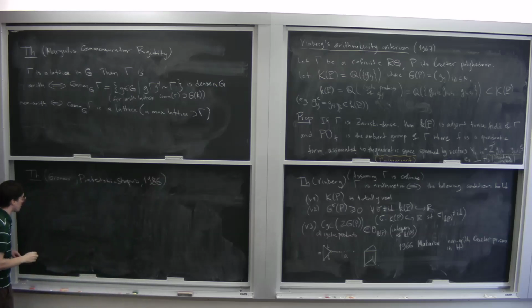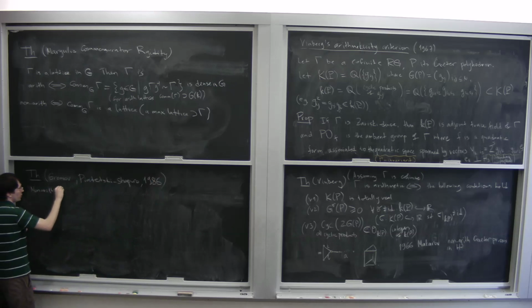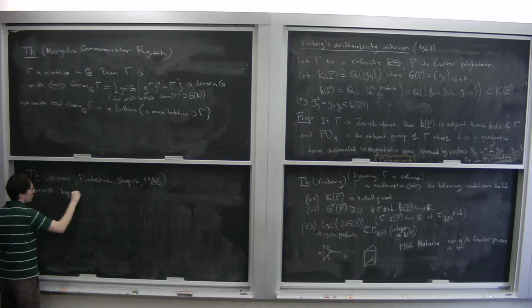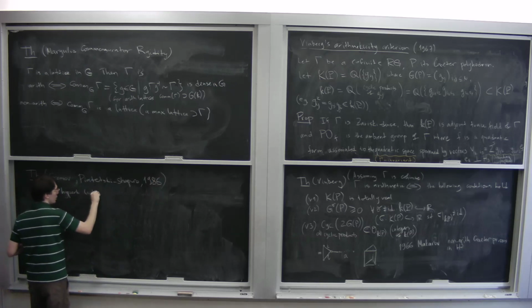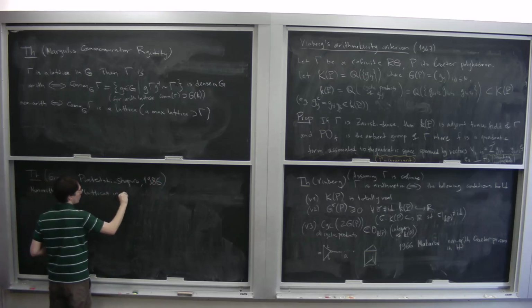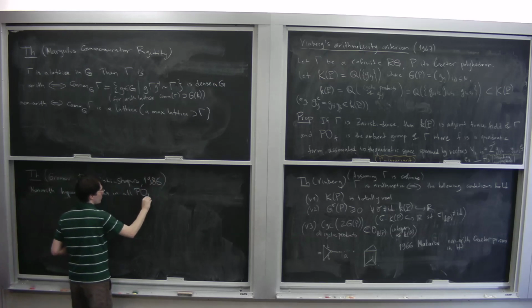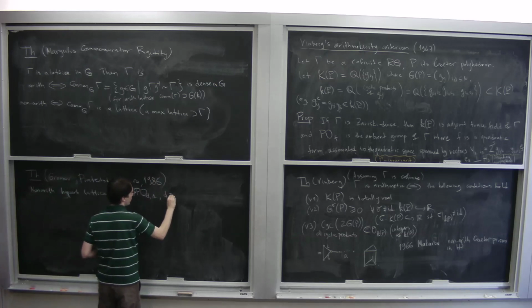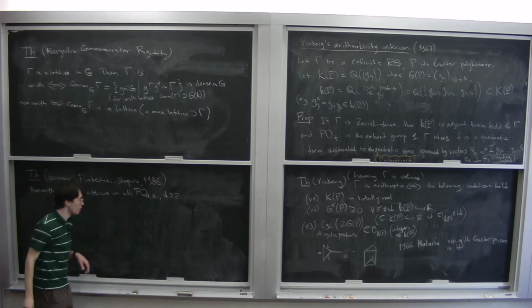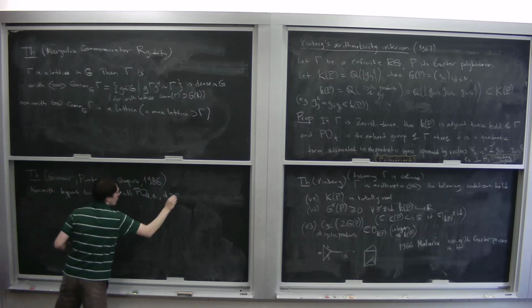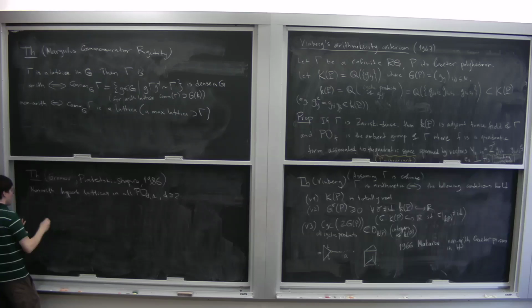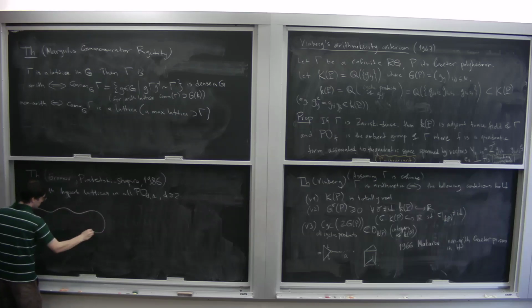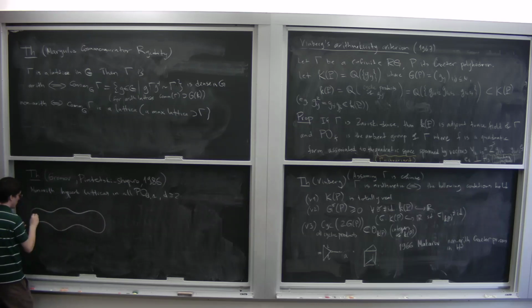So they constructed non-arithmetic hyperbolic lattices in all PO(d,1), where d is in fact greater or equal than 2. They did it as follows. So one can, I will just draw a picture.